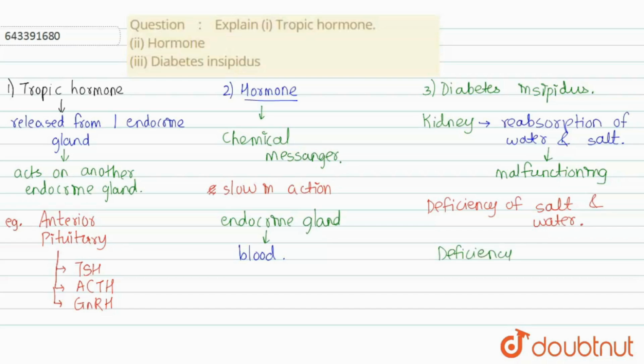ADH is a hormone released from the posterior pituitary gland. It goes and acts on the kidney and causes reabsorption of salt and water. Whenever there is deficiency of ADH, this reabsorption of water will not take place, and this will eventually lead to deficiency of salt and water in the body. This disorder, due to deficiency of ADH inside the body, is called diabetes insipidus.